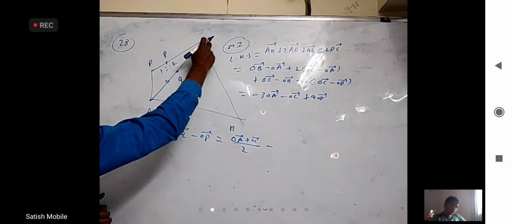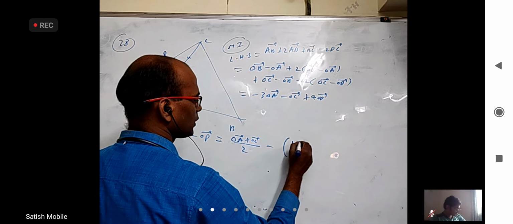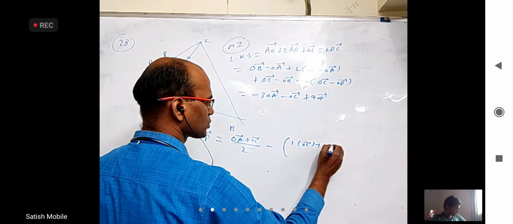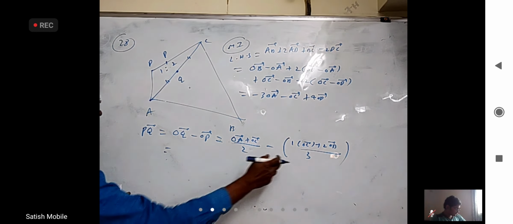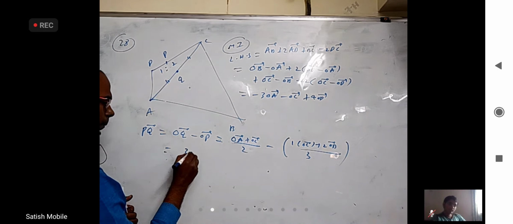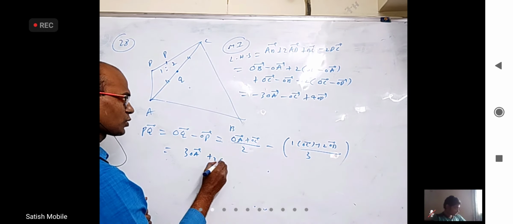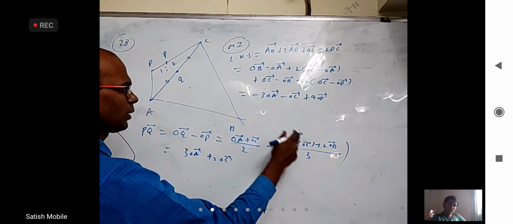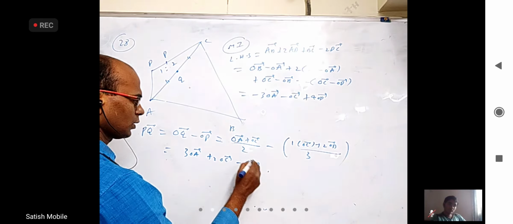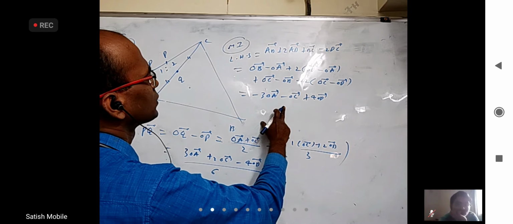So 1 into OC bar plus 2 into OD bar by 3. When I take LCM, I'll get 3 OA bar plus 3 OC minus 2 OC minus 4 OD bar by 6.